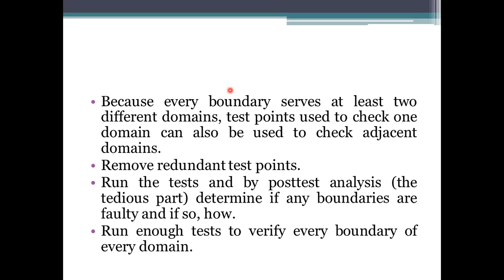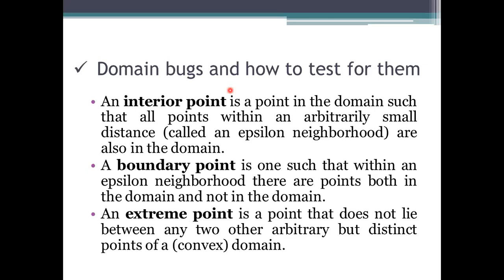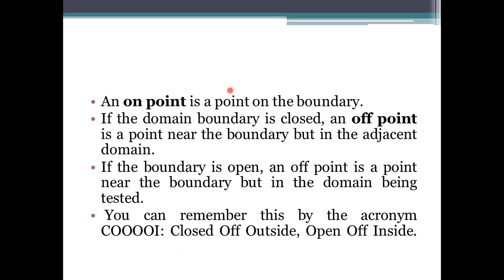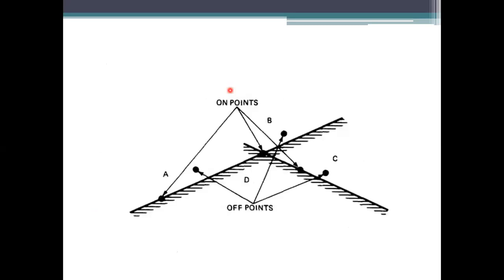Like that we know. And what would be the boundary points here? Here we have such points: one is the interior, another is the boundary point, and the next is the extreme point, if you go for this diagrammatical representation.